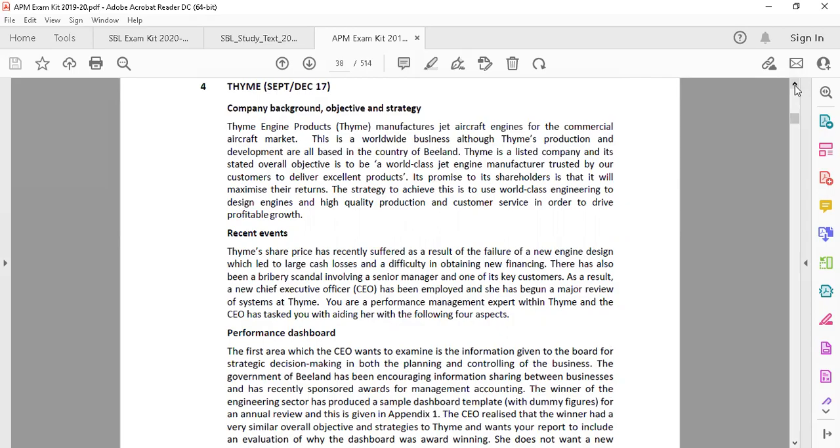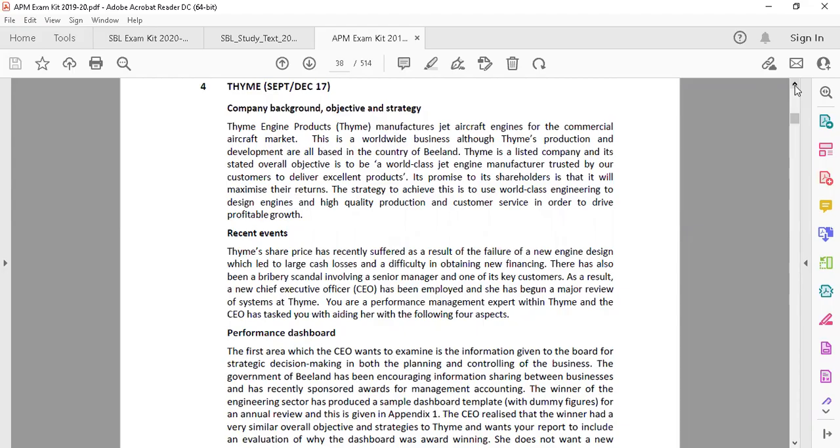Time engine product. Time manufactures jet aircraft engines for the commercial aircraft market. This is a worldwide business, although Time's production and development are all based in the country of D-Land. Time is a listed company and its stated overall objective is to be a world-class jet engine manufacturer trusted by our customers to deliver excellent products.